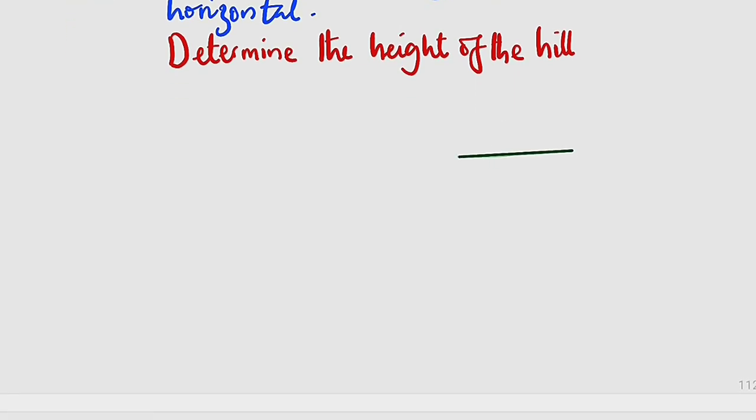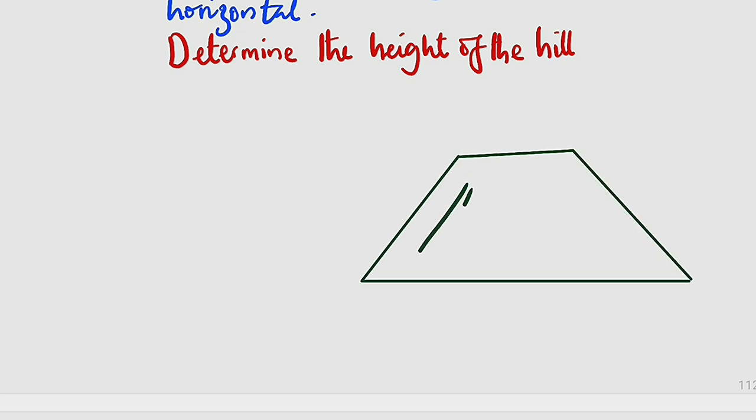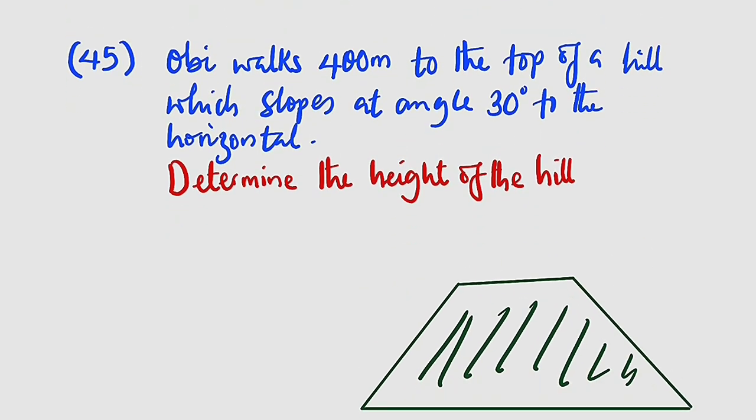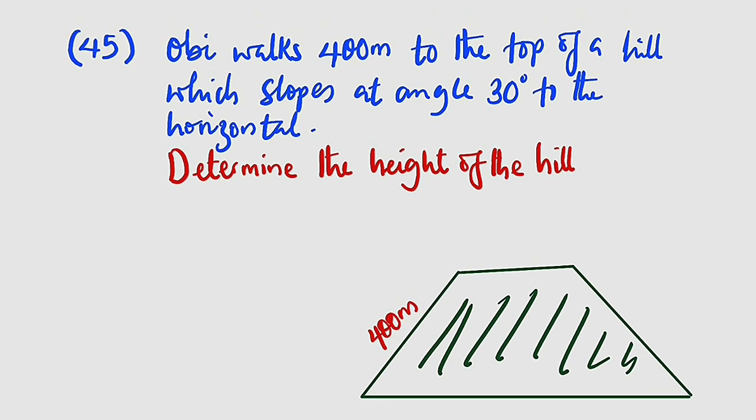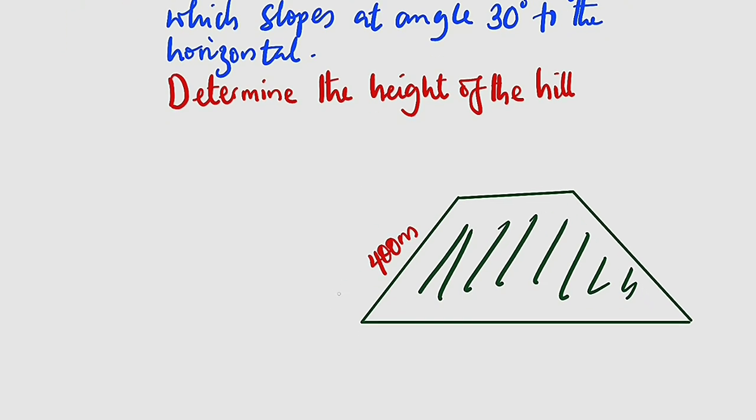Suppose we have a hill like this. Suppose this is a hill. He climbed the hill, which is 400 meters. So this is 400 meters, and it slopes at an angle of 30 degrees to the horizontal. So this is a horizontal line.